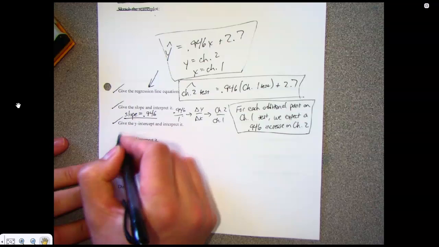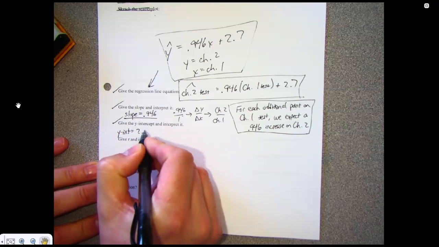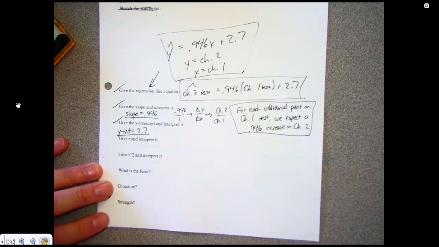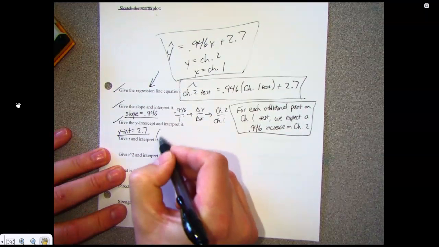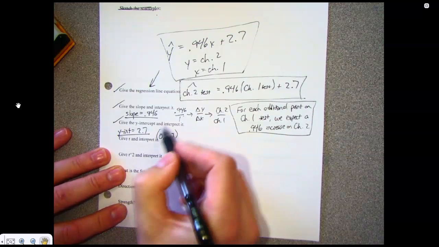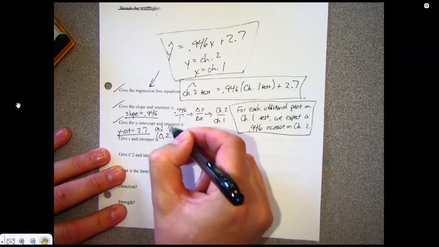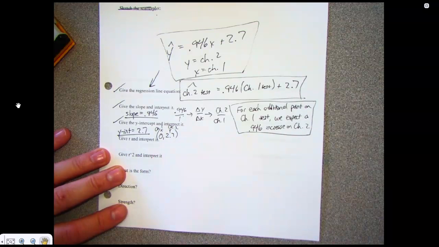Y-intercept, what is the y-intercept? 2.7, whatever, okay. So that is really the point 0, comma 2.7, right? Which is always x, comma y, which is chapter 1, comma chapter 2.